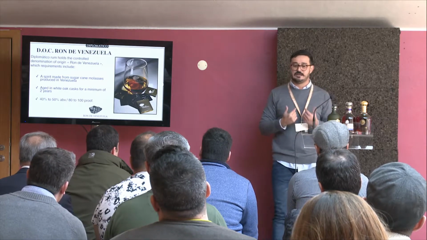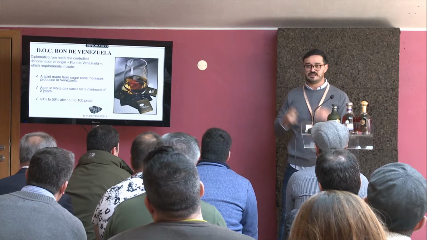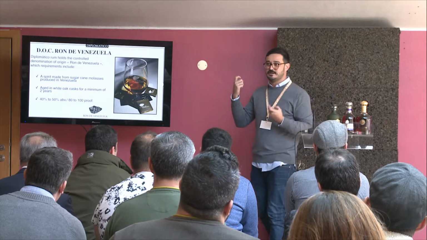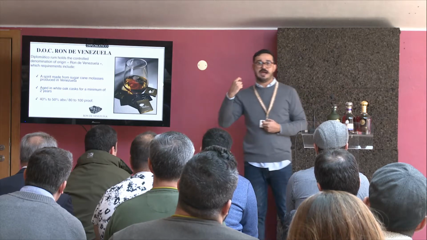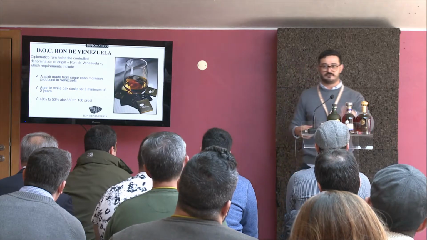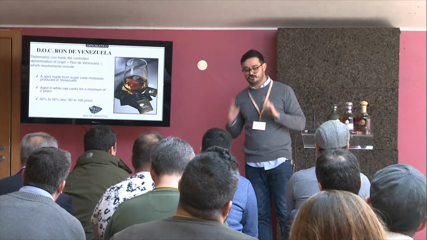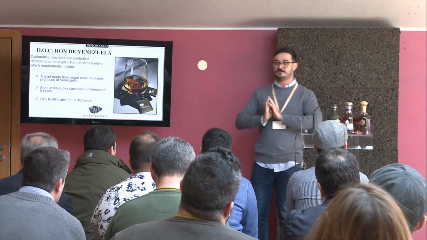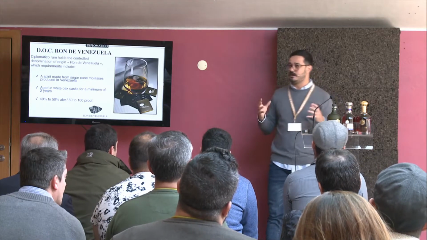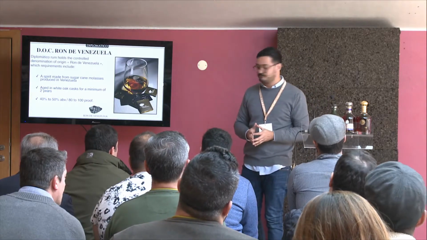In fact, in our aging warehouses there are 2 locks, one for the government supervisor and one for the master blender. So if the master blender has to make a yearly survey to check how the alcohol is evolving inside the barrel, there is another person next to him checking that he doesn't add anything to the barrel or change anything for the aging process.